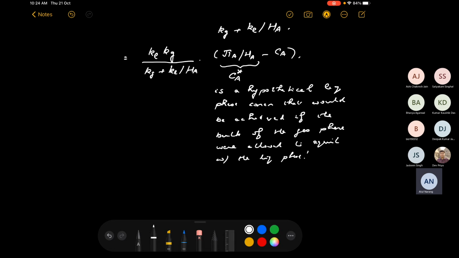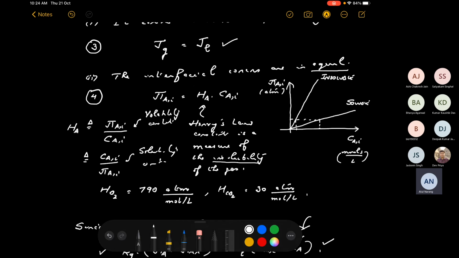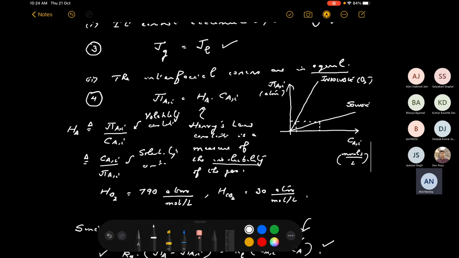So we're basically going to go to this graph here. Let's say this is the graph for oxygen. We go to the bulk phase concentration pi A, and we know what pi A is.